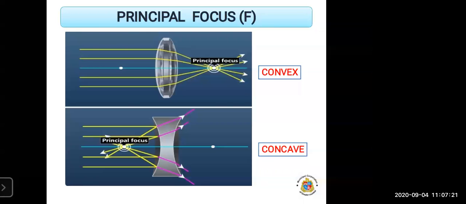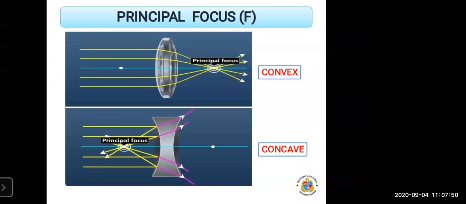First, in the convex lens, the incident rays are parallel to the principal axis. Okay, the blue color line indicates the principal axis, and the yellow color lines are nothing but the incident rays. Now the incident rays are parallel to the principal axis.